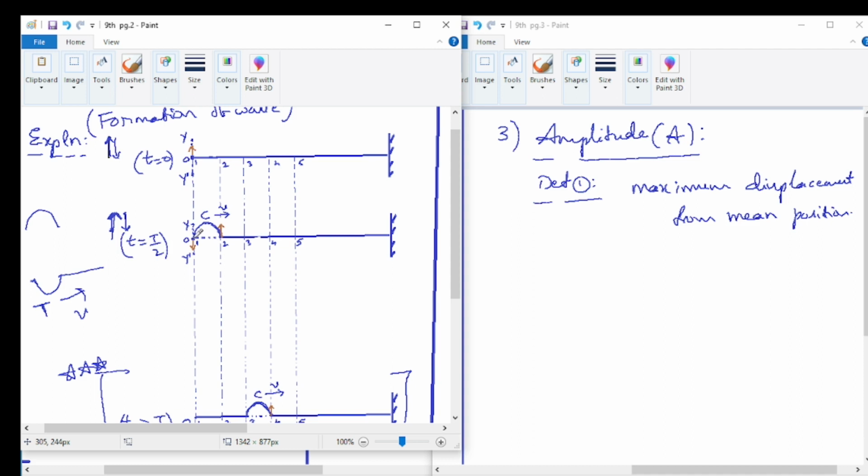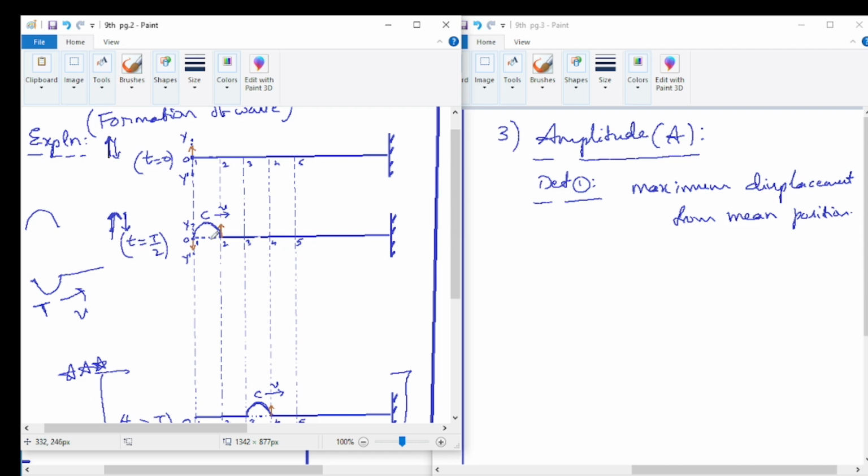Whatever energy the first particle has vibrated with, the same energy is transmitted to all the particles till the last particle. So every particle will have the same energy. Due to this reason, it can be shown that the amplitude will be the same for all the particles.